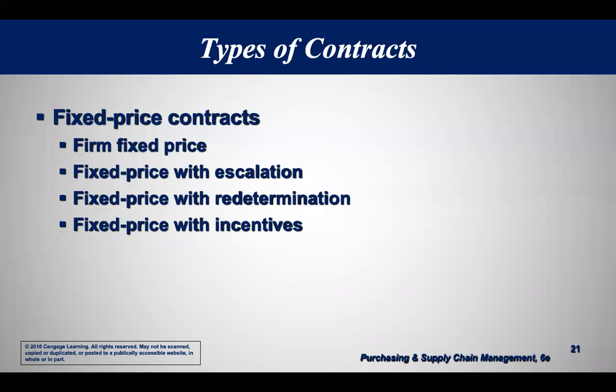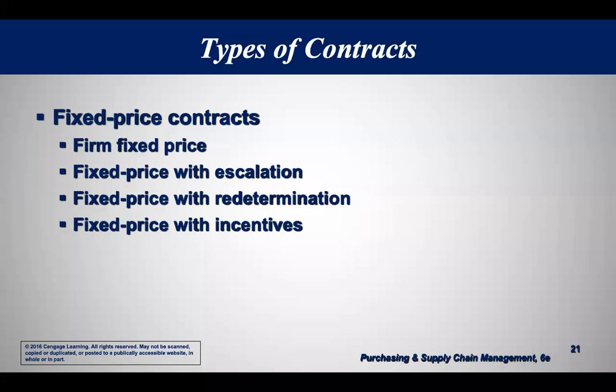Now, how about fixed price with escalation? A contract over a period of time, maybe it's a 3-year contract, and I'll pay you $500 for the desks in the first year. In the second year, I'll pay you $525. The third year, I'll pay you $550. So it's not fixed price, it's fixed price with escalation.